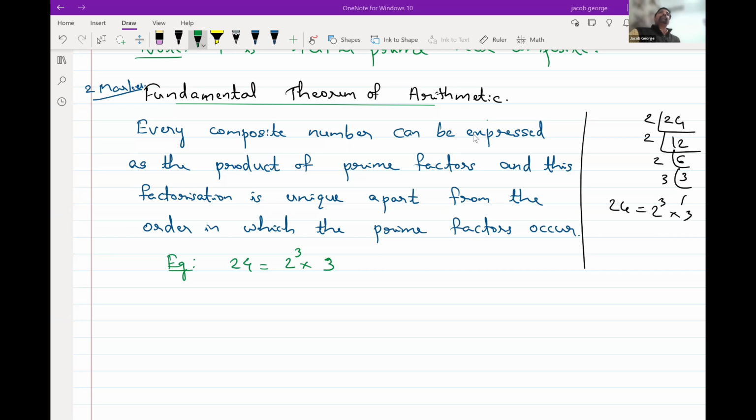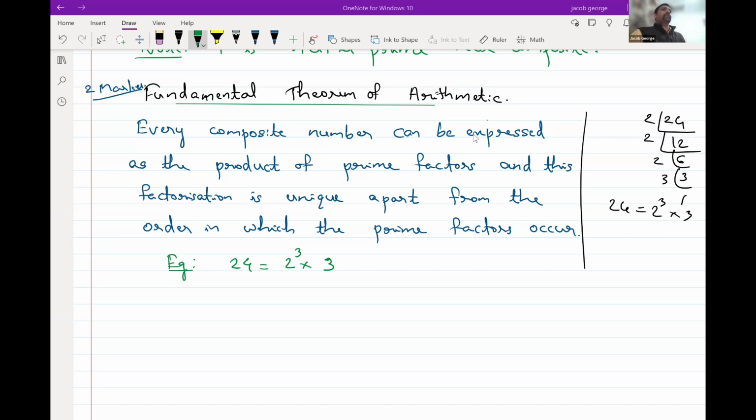You should not change this statement structure, because it is the statement given in NCERT. So everybody should stick to this one and study it perfectly.